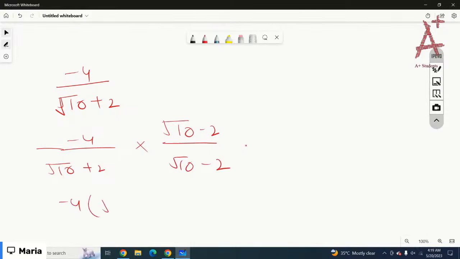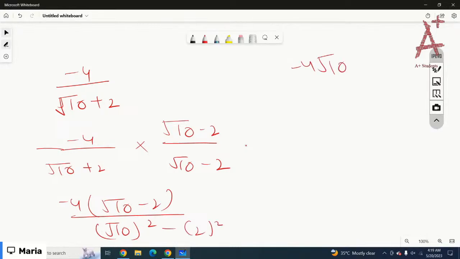It would be minus 4 times square root 10 minus 2 divided by square root 10 square minus 2 square. So it would be minus 4 square root 10 and minus minus plus 8 divided by 10 minus 4. So it would be negative 4 square root 10 plus 8 divided by 6.